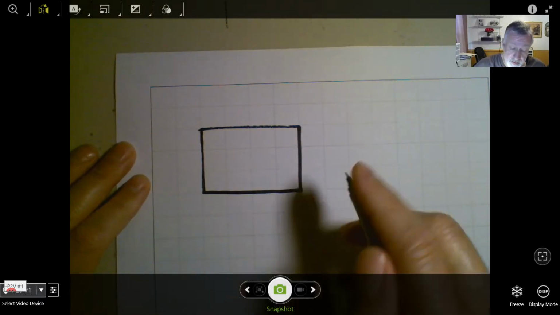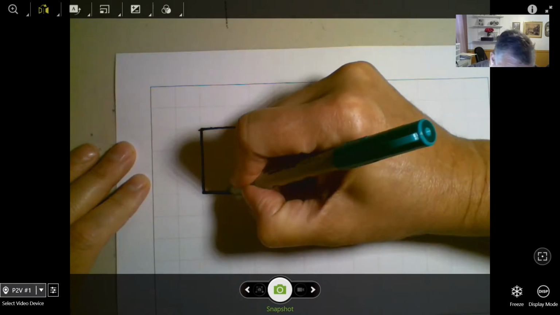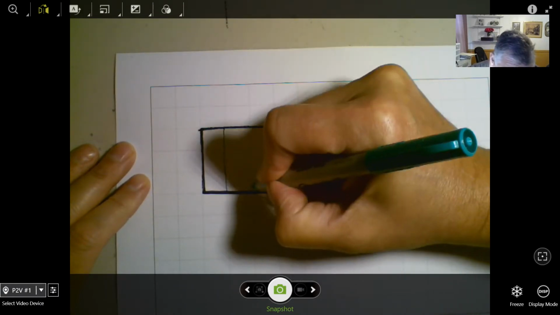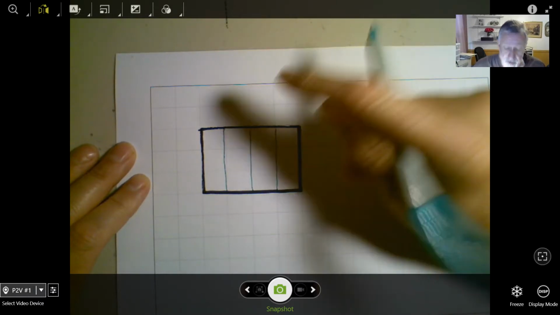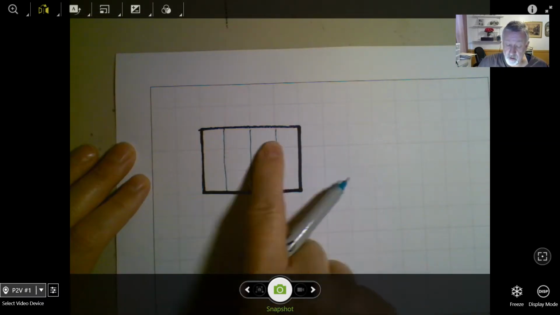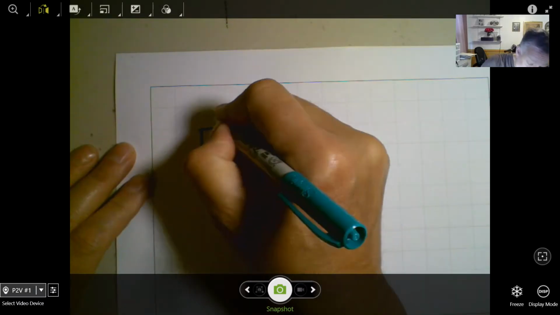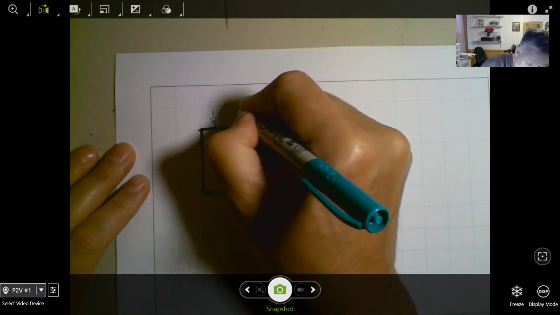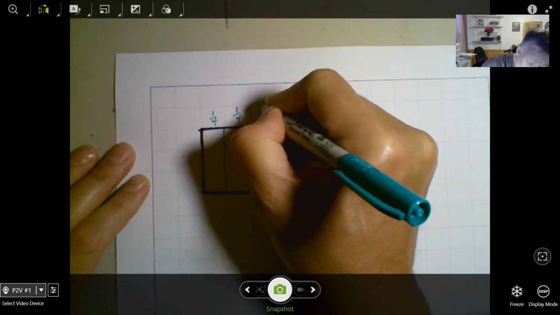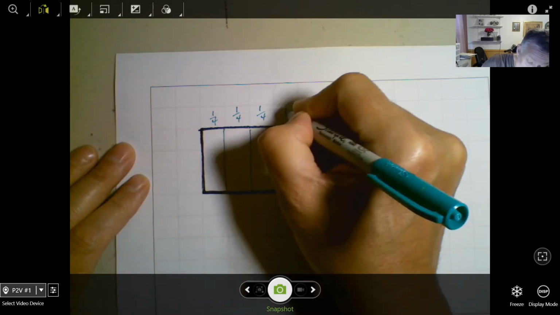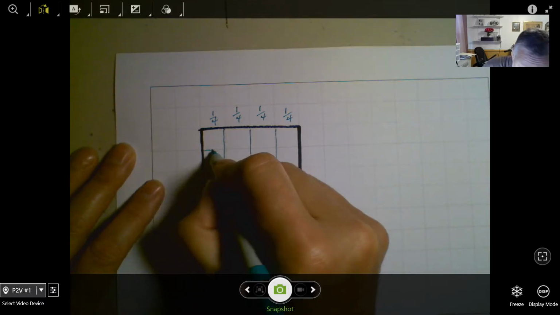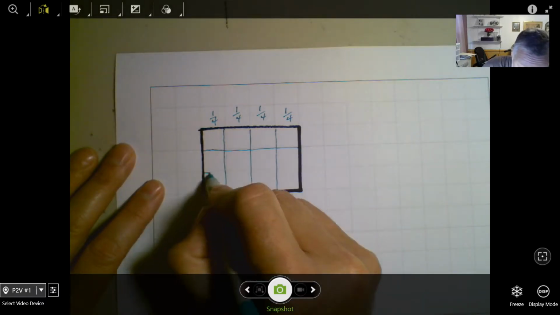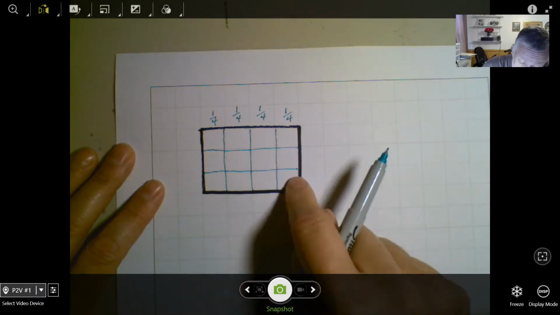As we go up and down, draw your lines. We have divided it across into fourths, so I can label that. And going across, we have divided it into thirds, 1, 2, 3.